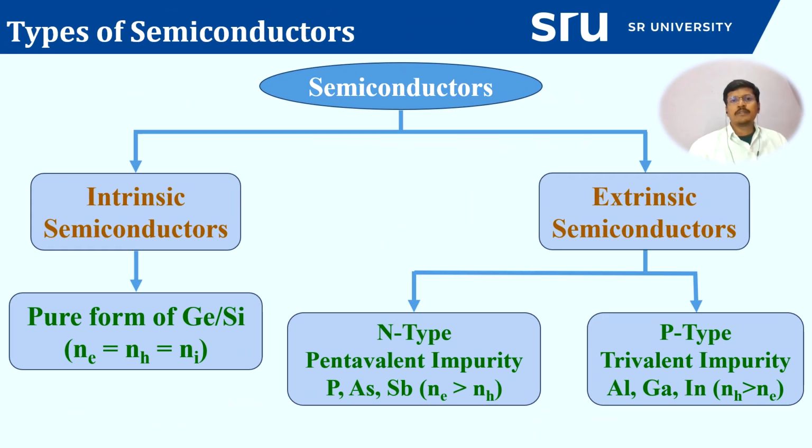Till now, we have discussed the semiconductors in general. Now, we classify the semiconductors into two major groups called intrinsic and extrinsic semiconductors. You can see the classification here.